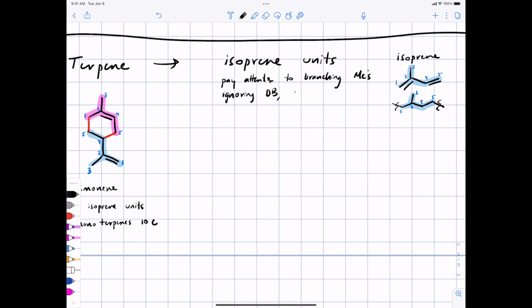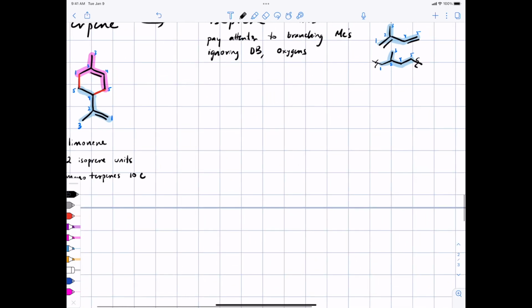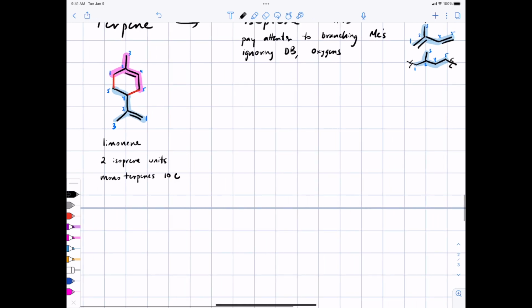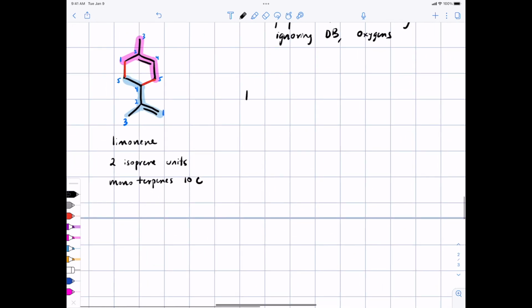We're also going to ignore oxygens or other heteroatoms. For example, a related molecule to limonene is menthol, which is in peppermint oil. I'm not showing you stereochemistry. Same basic connectivity of isoprene units though, right?